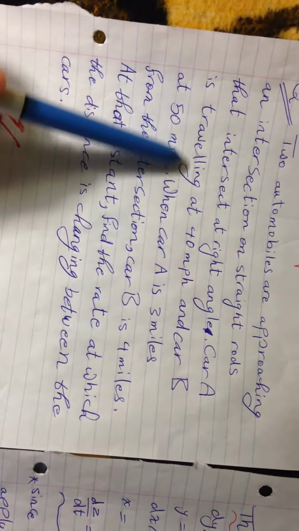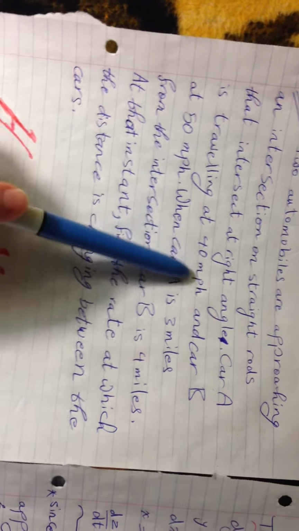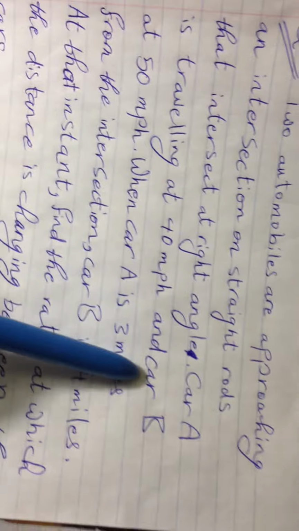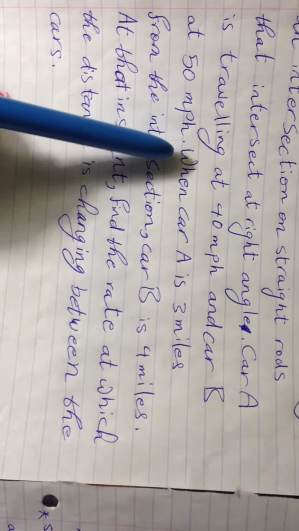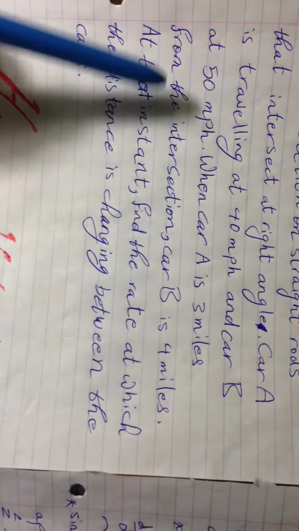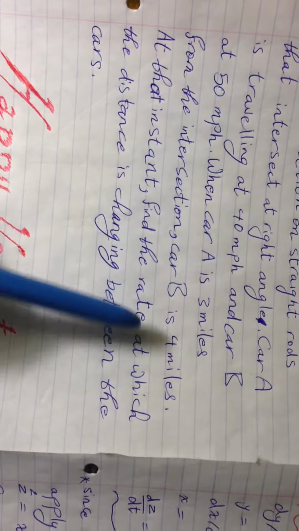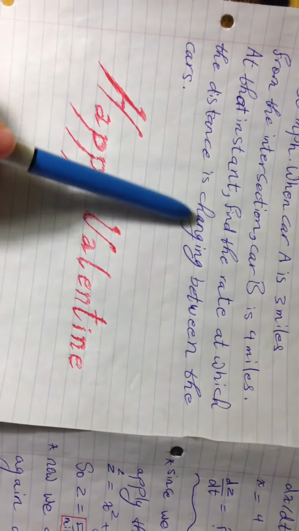Car A is traveling at 40 miles per hour and car B at 50 miles per hour. When car A is 3 miles from the intersection, car B is 4 miles. At that instant, find the rate at which the distance is changing between the cars.